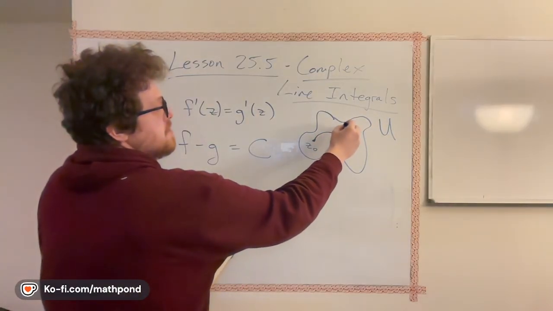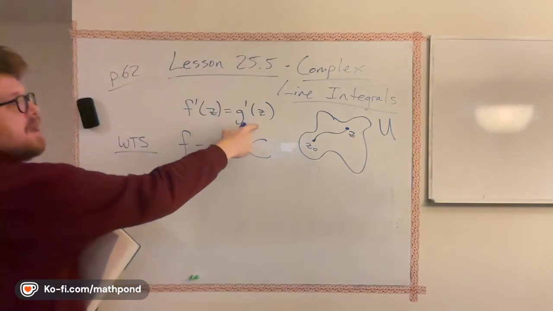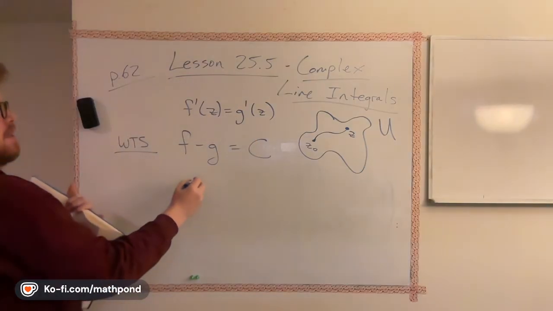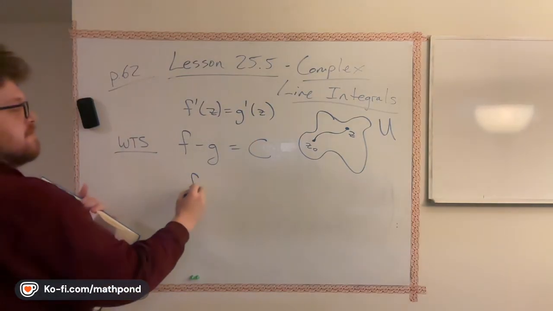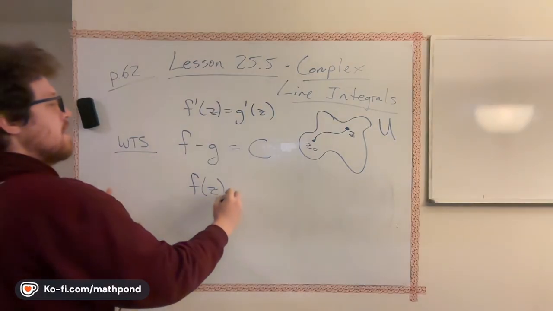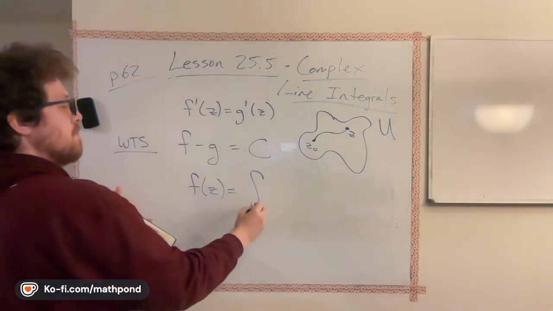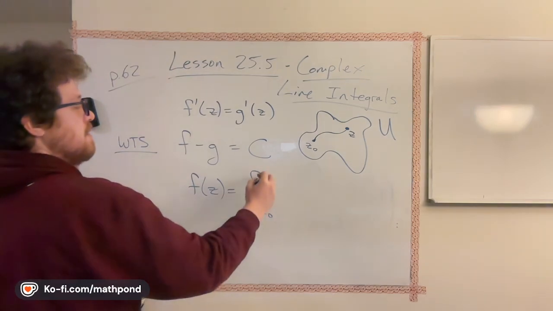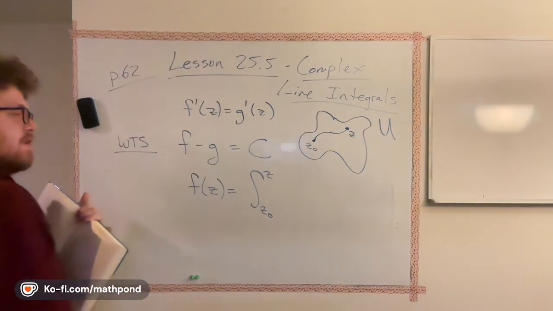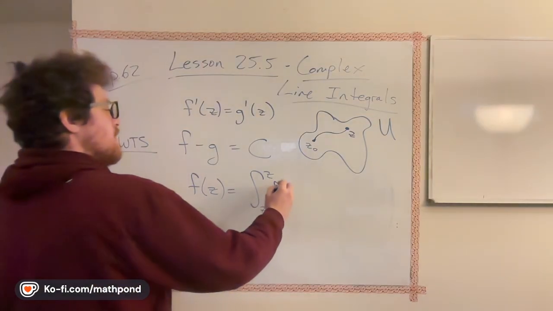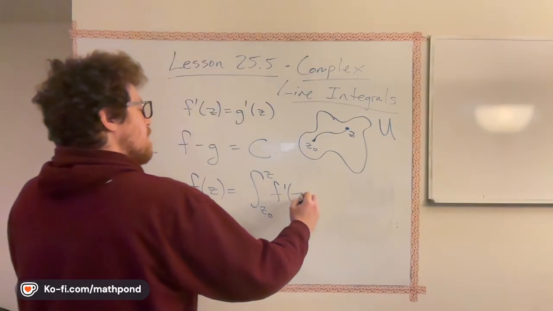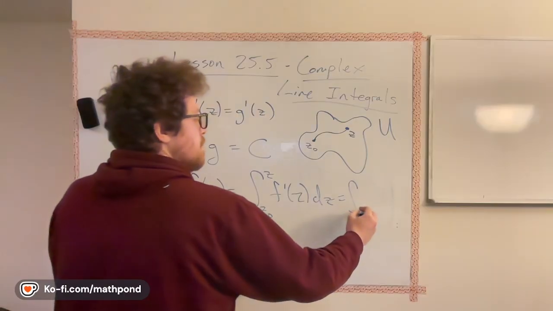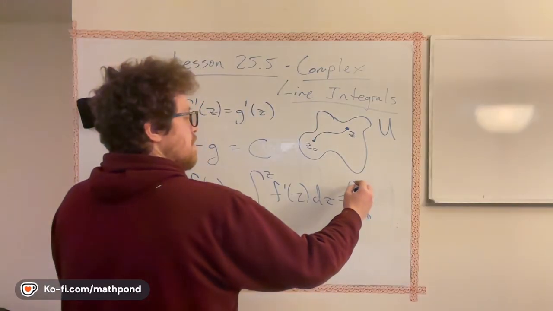I know that f of z is equal to an integral along any path from z naught to z of f prime of z dz. But because the derivatives are equal, this is also equal to the integral of g prime.